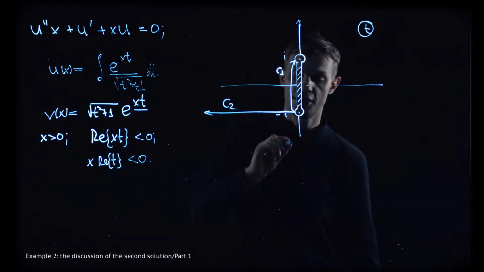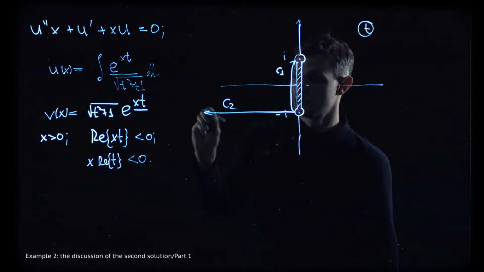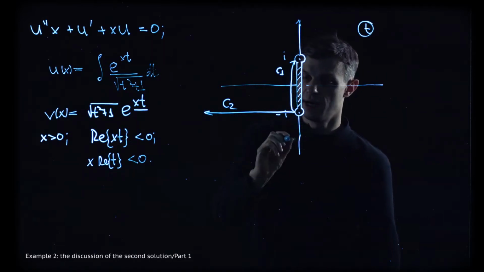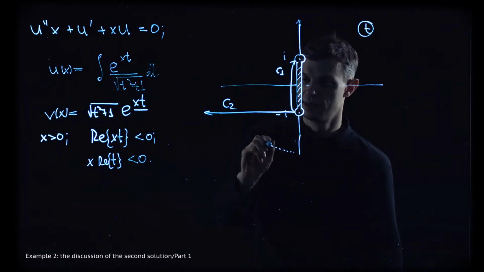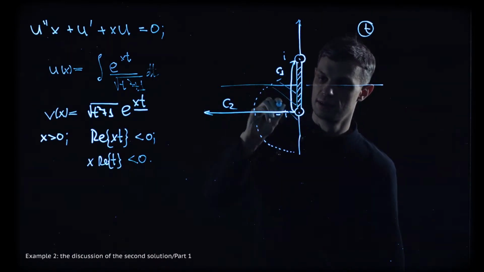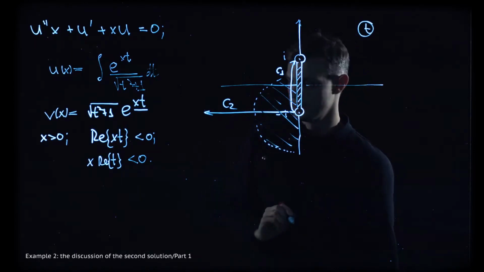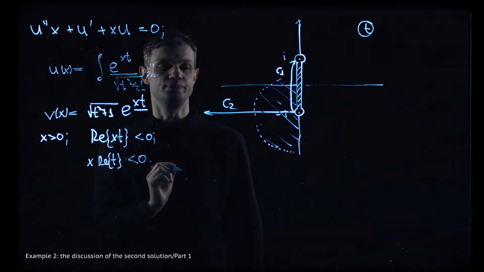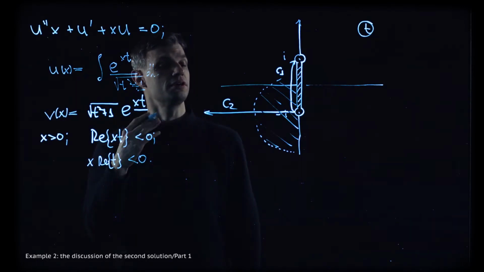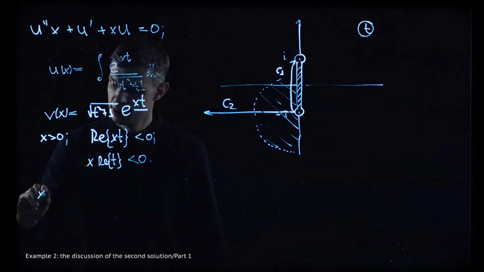So the allowed region in which this contour could flow from this minus i point is there, this entire complex plane.